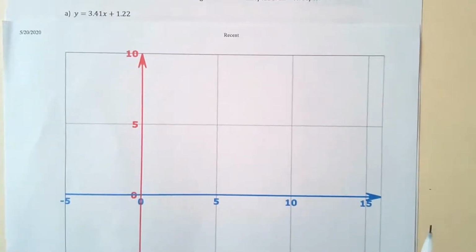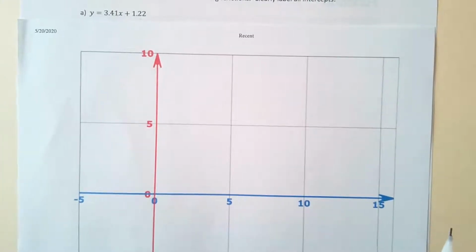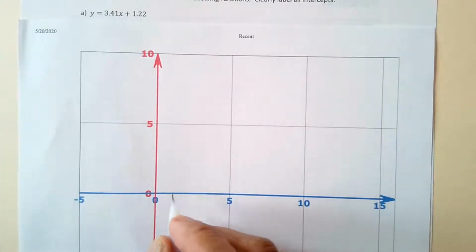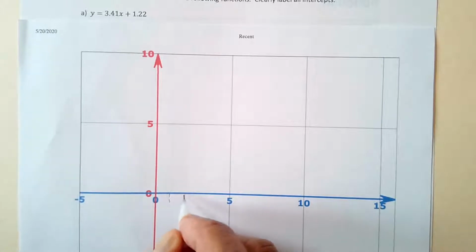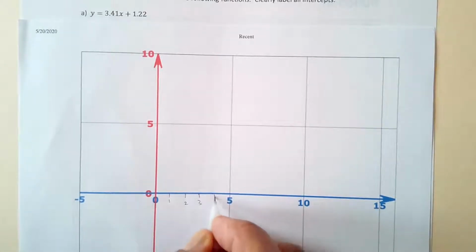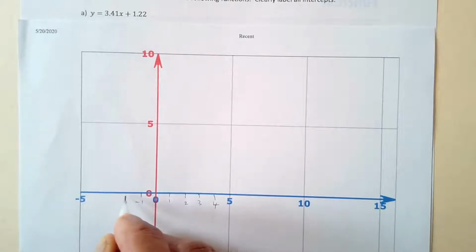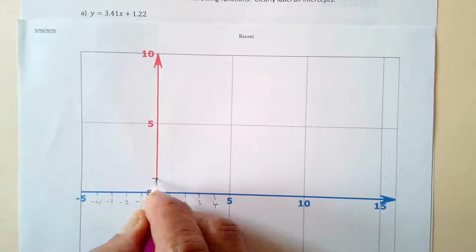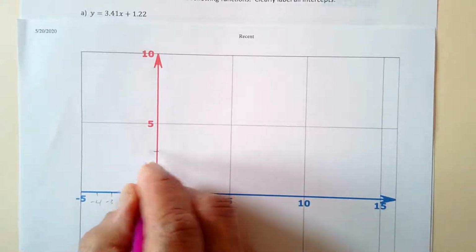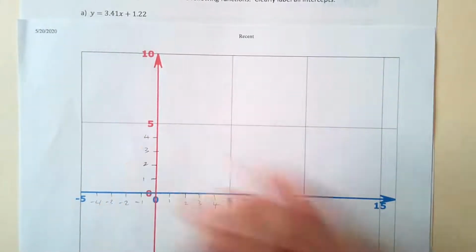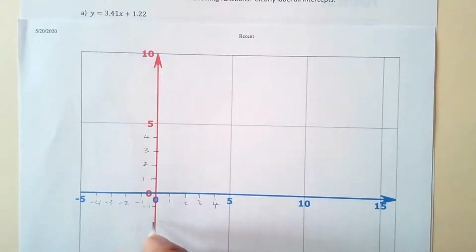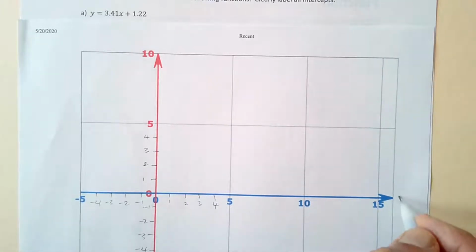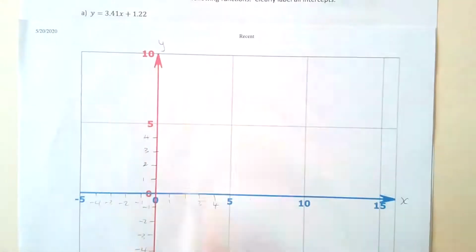So I'll label this as my 1, 2, 3, 4, -1, -2, -3, going up 1, 2, 3, and -1. So this is my x-axis, this is my y-axis.